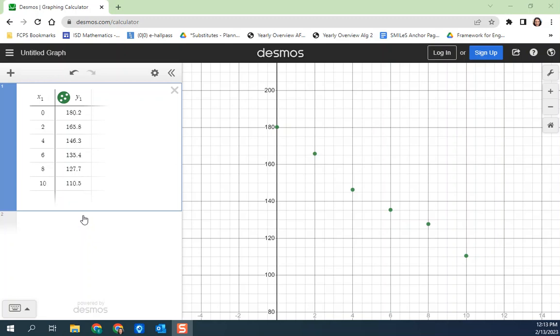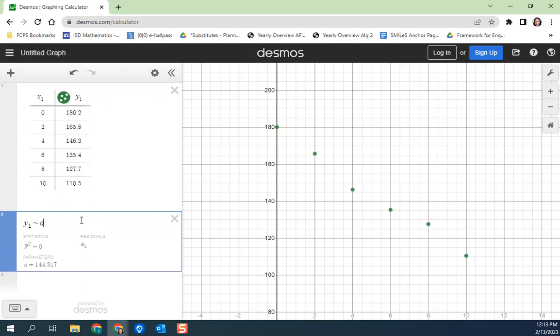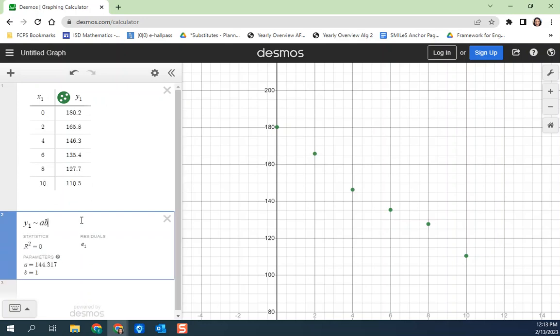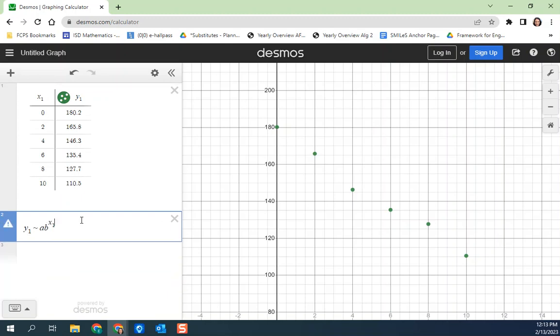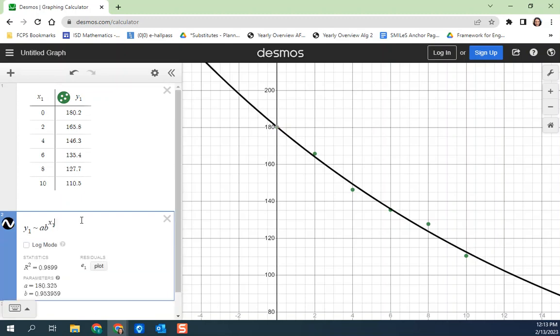So we're going to enter what is next to the word exponential on your paper, above it. We're going to enter that underneath the table. y1 tilde a times b raised to the x1. And then you're going to write these numbers for a and b on your paper.